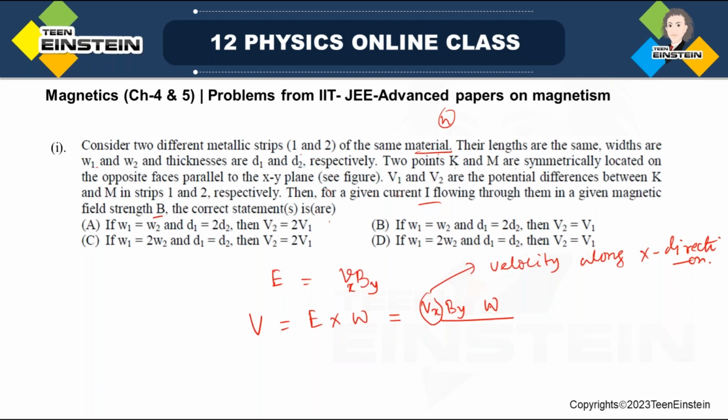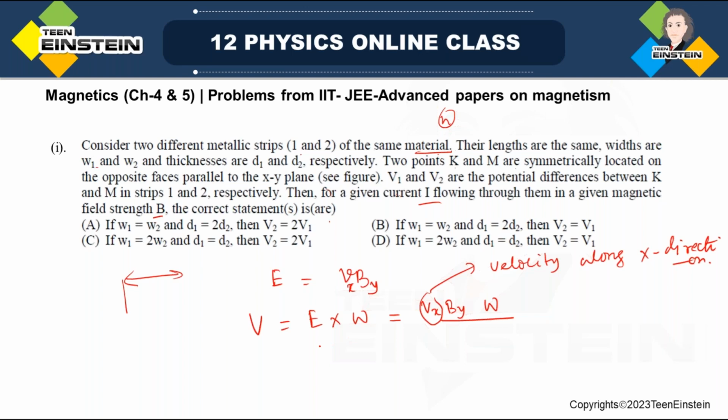See, W is directly coming here, but is there any way to include D and L? L is the length, okay, and D is the thickness, so is it possible to include here length and thickness?